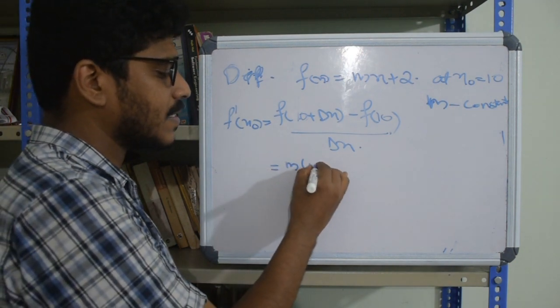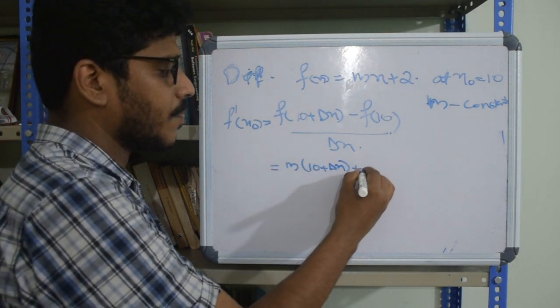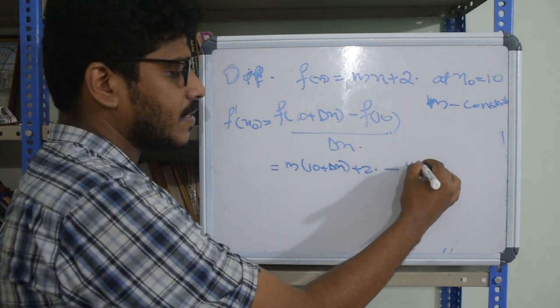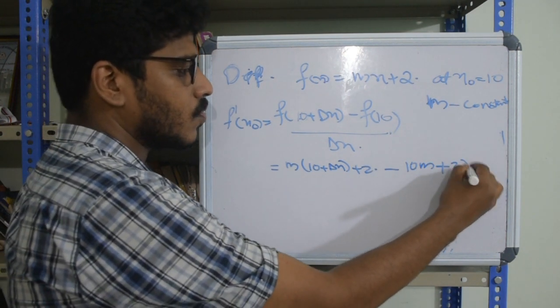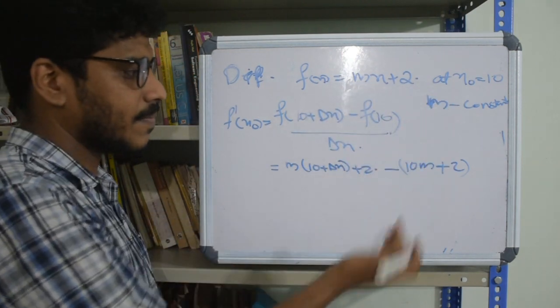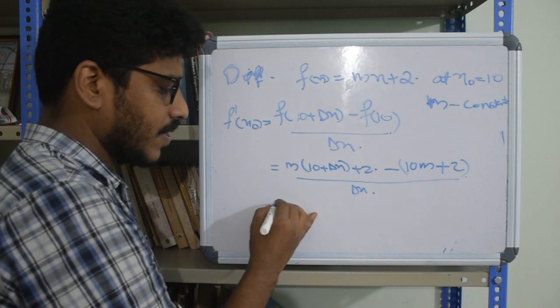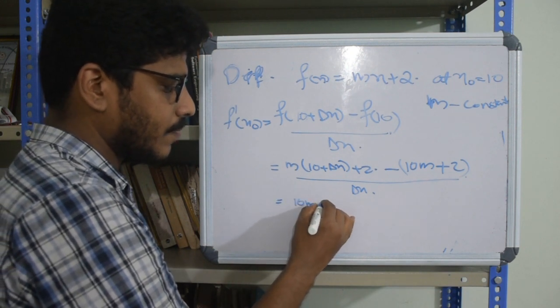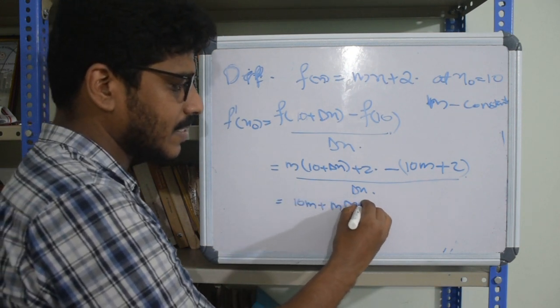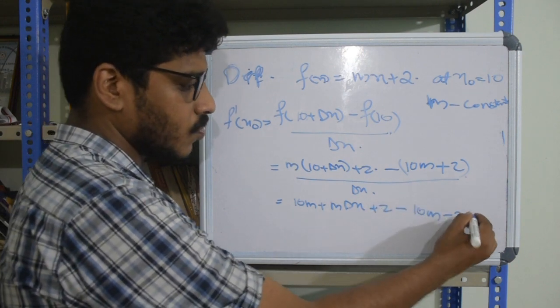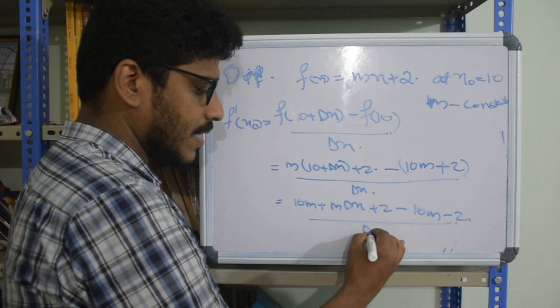M into 10 plus delta x plus 2, minus what is f of 10? 10m plus 2, right, f of 10, divided by delta x. So expanding this, we'll get 10m plus m delta x plus 2 minus 10m minus 2 by delta x.